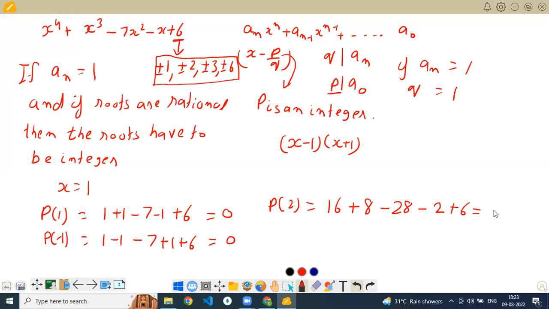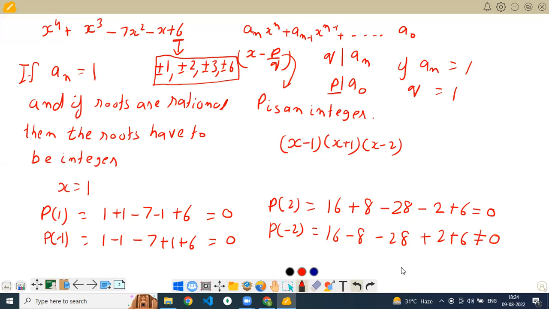So x minus 2 is also a factor of this. Let's put x equal to minus 2. Plus 2. This is not equal to 0. So x is equal to minus 2 is not a factor.